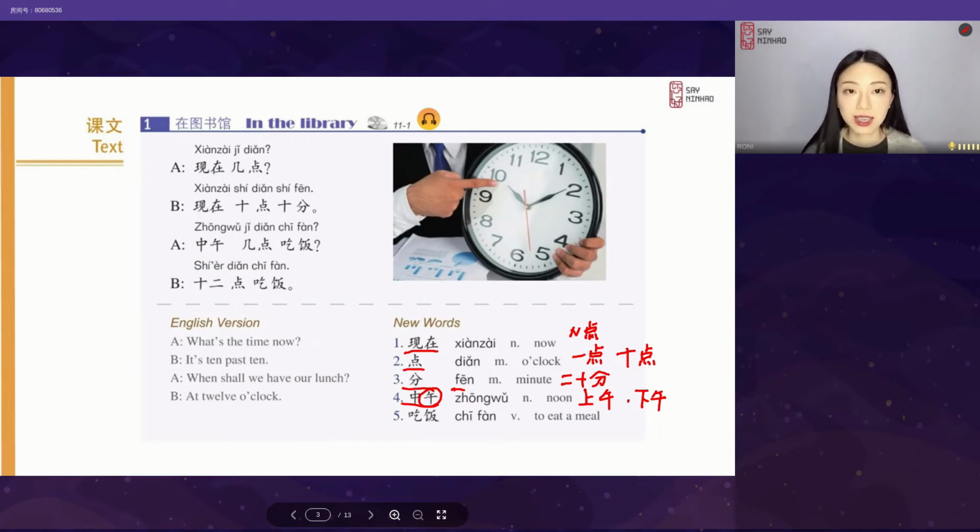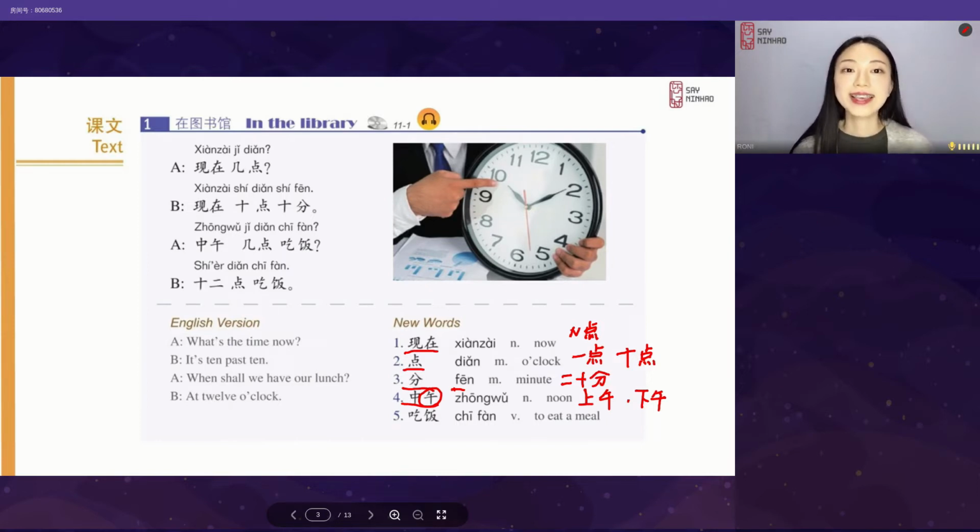And the evening, 晚上, yes, very good. 早上, 晚上, 上午, 下午, 中午. Okay, this is about the time. So how to say today's noon? Please tell me how to say today's noon.